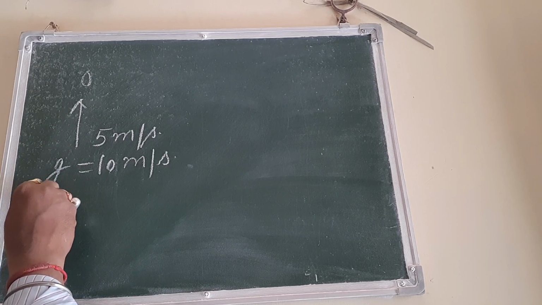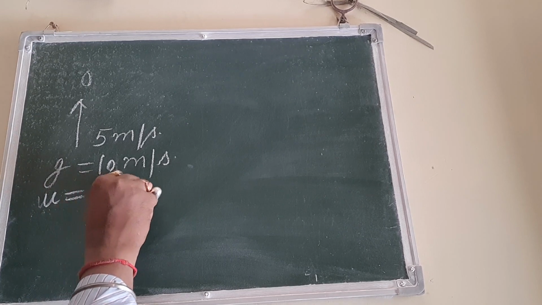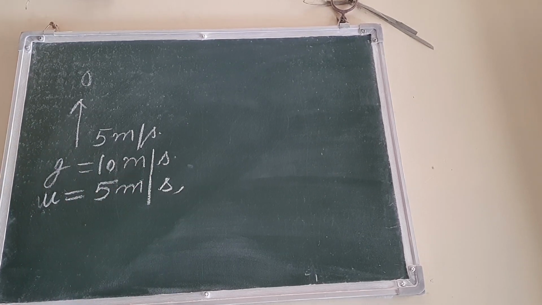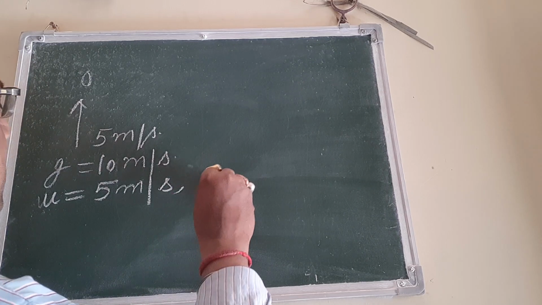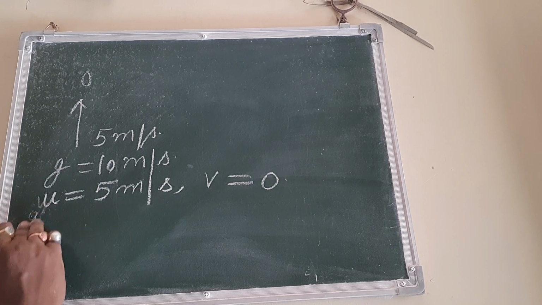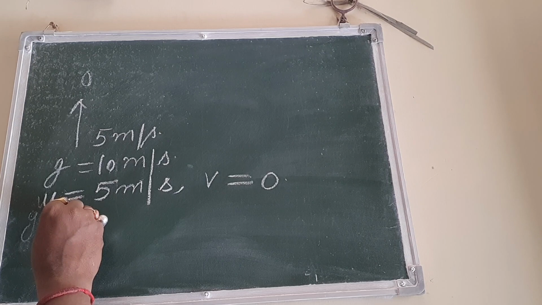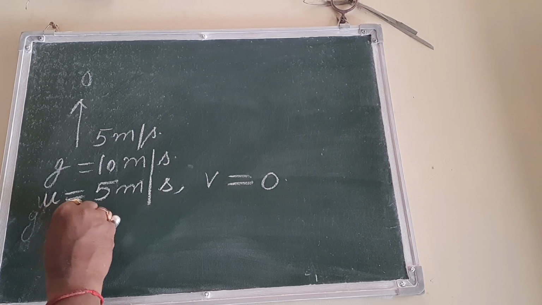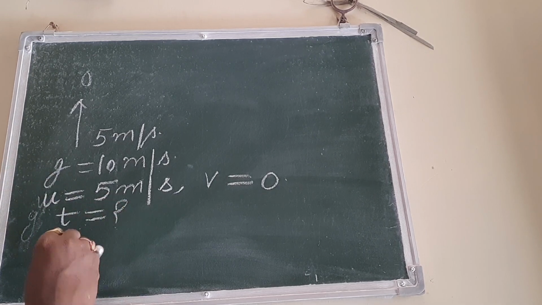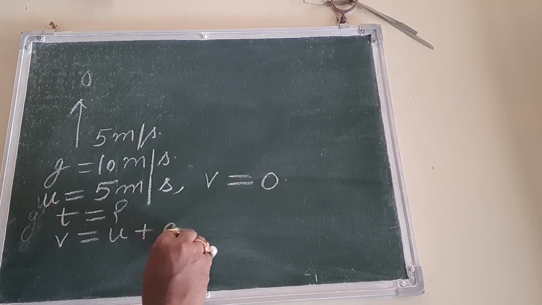The initial velocity is 5 meters per second according to the question. As it reaches the maximum height, at the highest point the final velocity will be 0, so v is equal to 0. Gravity is 10 meters per second square, this is the acceleration, and we have to find the time. So applying the first equation of motion, v is equal to u plus at.